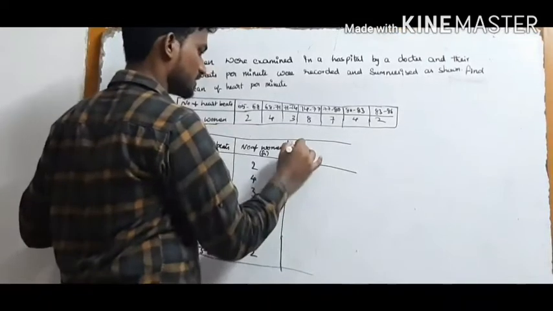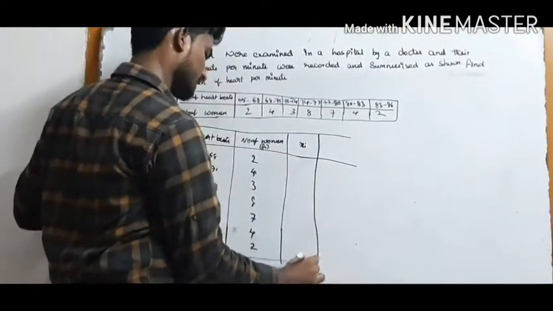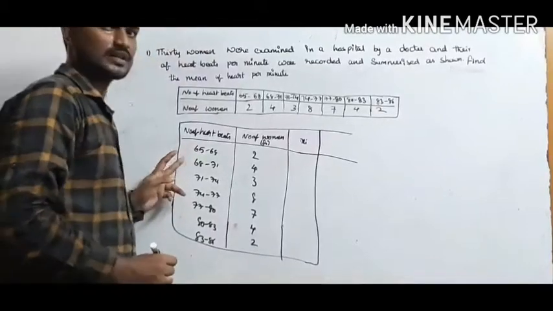First, for finding xi, it is the middle term of the class intervals.